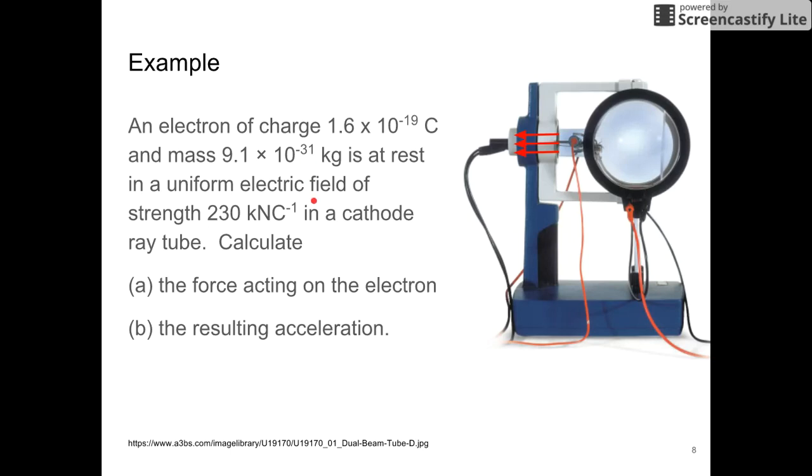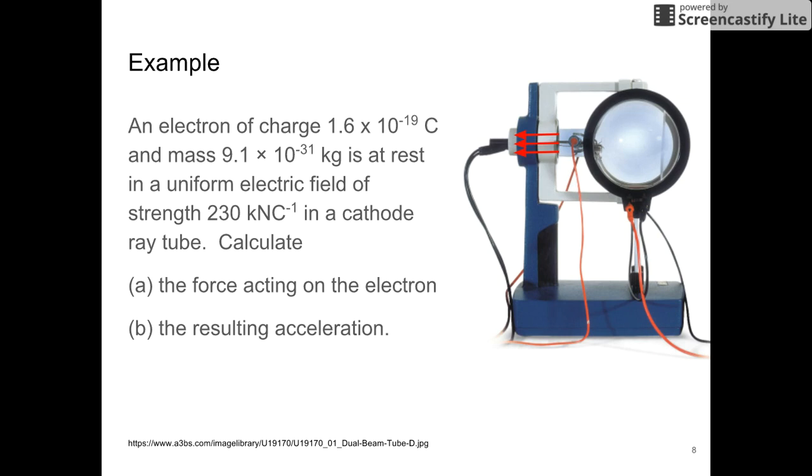And if it's put in this electric field of strength 230 kilonewtons per coulomb in a cathode ray tube, you should be able to calculate the force acting on the electron and the resulting acceleration by consideration of the field. So pause that video at the moment, try and work that out, and then restart it once you've got a couple of answers there and see how you compare.